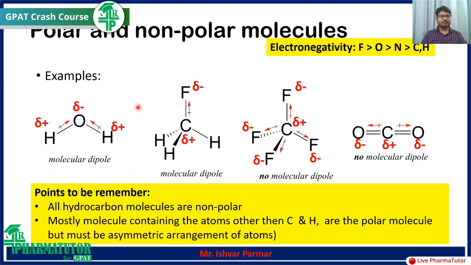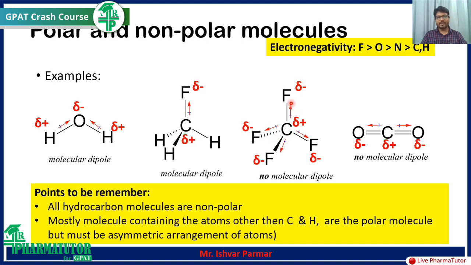Here are some more examples. This is the example of water, oxygen has a delta negative charge and hydrogen a delta positive charge, meaning partial negative and partial positive charge. Here is CH3F. It has some dipole, so it is a polar molecule. This CF4 has equal electronegativity pull from the fluorine atoms.